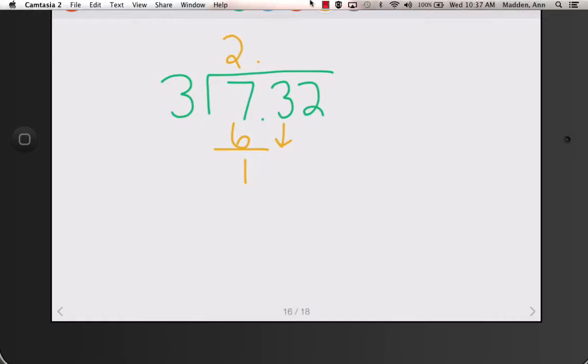Subtract, bring down the 3. 3 goes into 13 4 times. 4 times 3 is 12. Subtract, bring down the 2. 3 goes into 12 4 times. 4 times 3 is 12. Subtract. I have a remainder of 0. 7 and 32 hundredths divided by 3 is 2 and 44 hundredths.